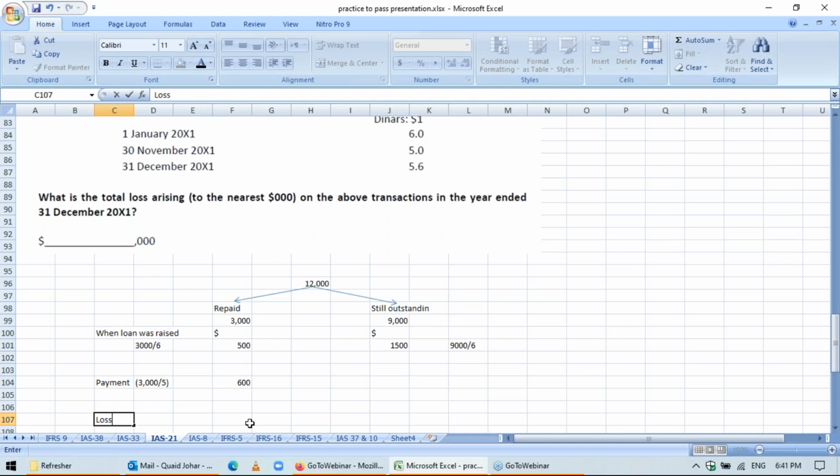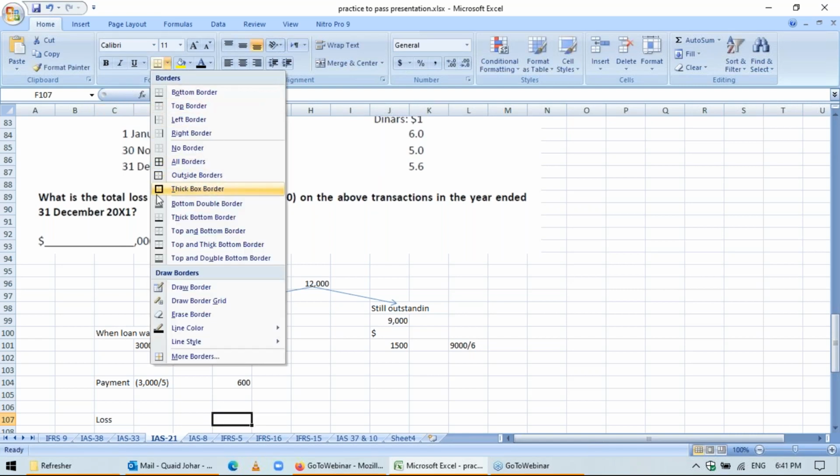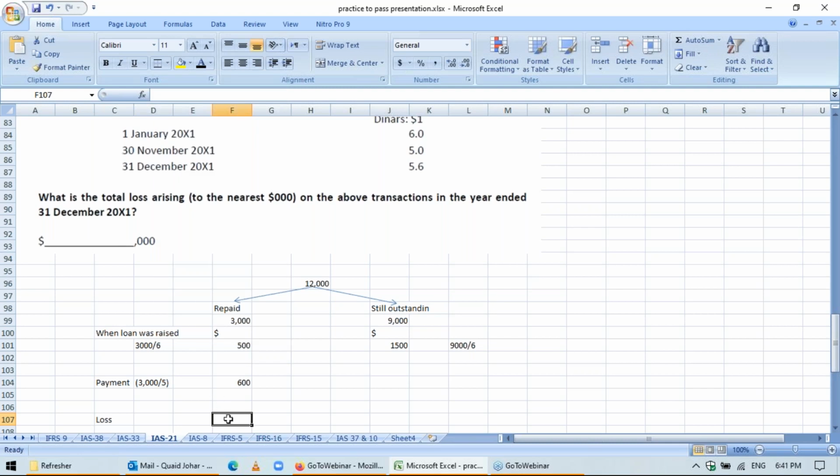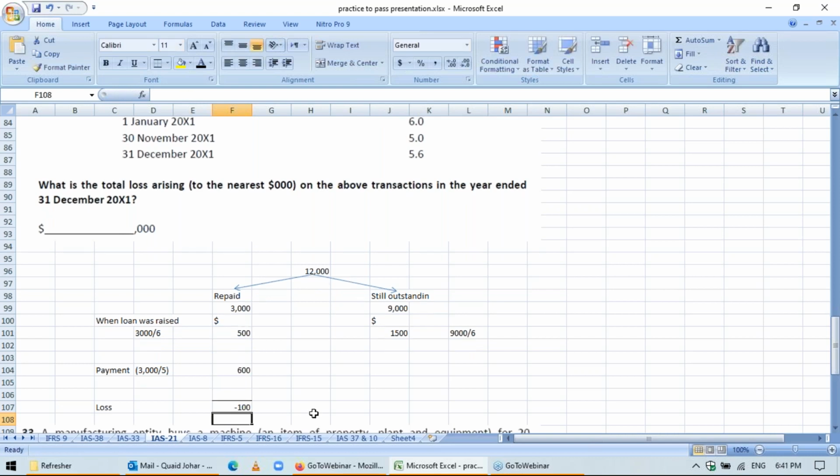They have paid more. Instead of $500, they are paying 600. So loss of 100, and then the remaining amount will be retranslated.